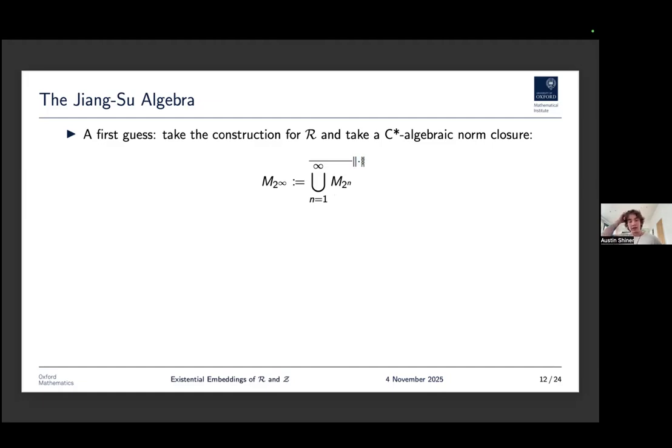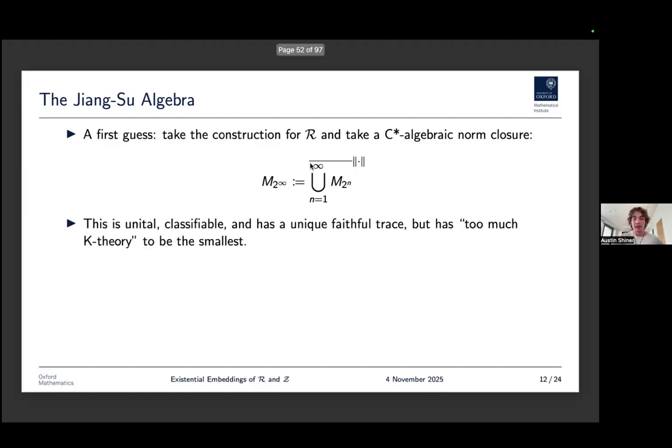We get this algebra called M2 infinity, also the canonical anti-commutation relation algebra, the CAR algebra. It does have a lot of nice properties. It's unital, it's amenable, it's classifiable, it has a unique faithful trace, but it has a bit too much, in quotes, K-theory to be the smallest. You have a K-theory obstruction on being able to embed into any classifiable algebra.